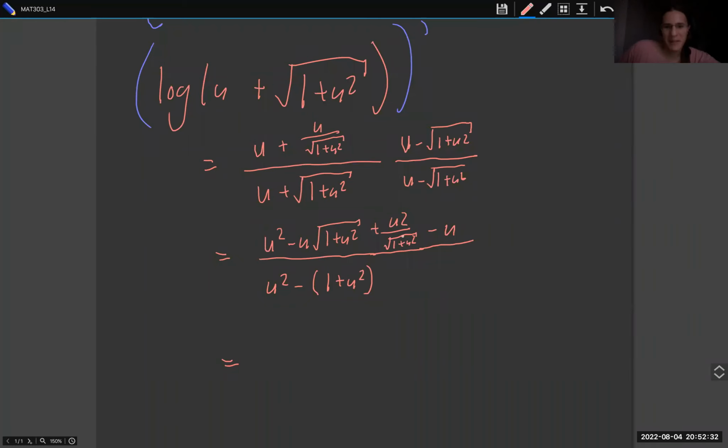Okay. Anyway, algebra time. So at least the denominator clears up. So u squared square root 1 plus u squared. Let's write it like that. It would really be nice if this were a u squared, wouldn't it?